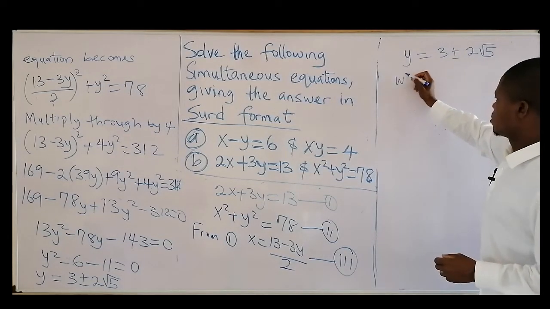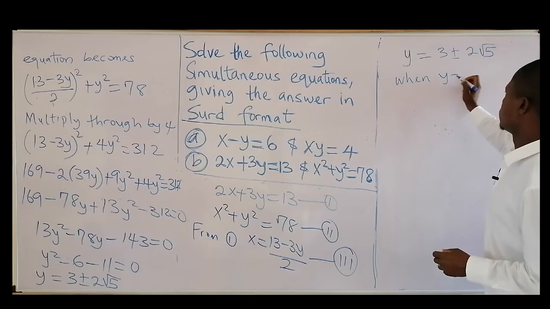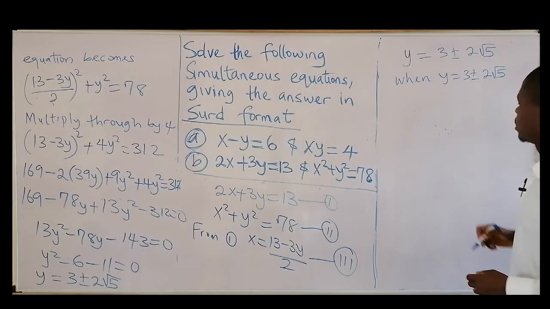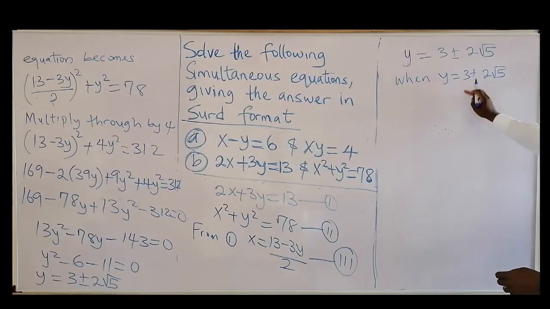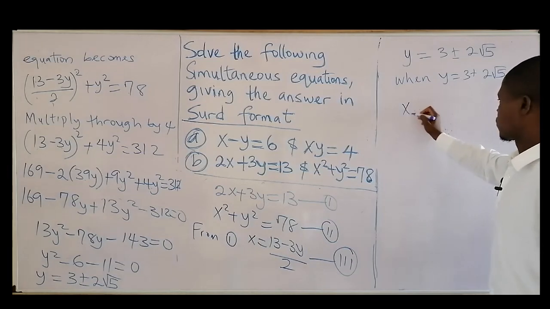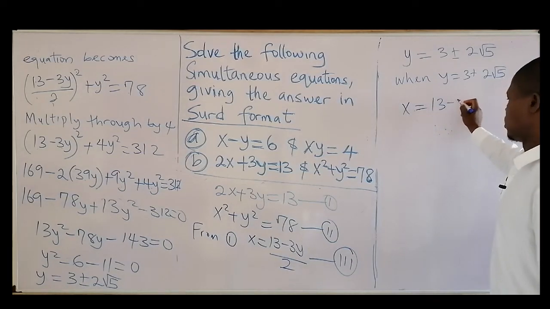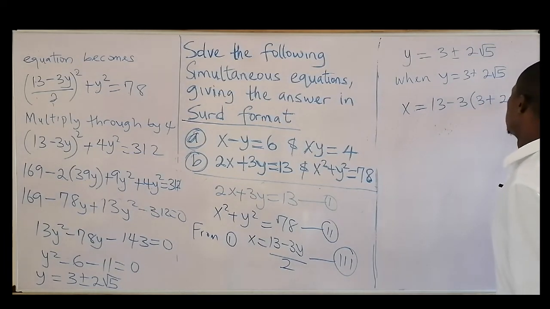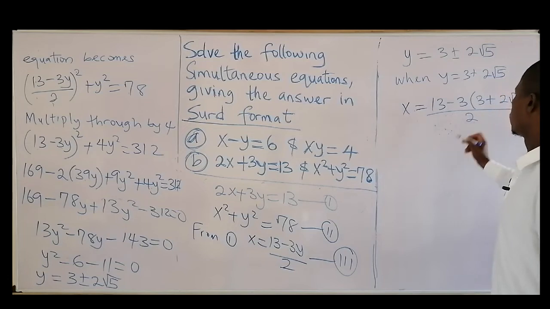So when y is equal to 3 plus or minus 2 root 5, okay, let's take the positive one. When y is 3 plus 2 root 5, x will be equal to what? X will be equal to 13 minus 3 into brackets. My y is what? 3 plus 2 root 5 all over 2.